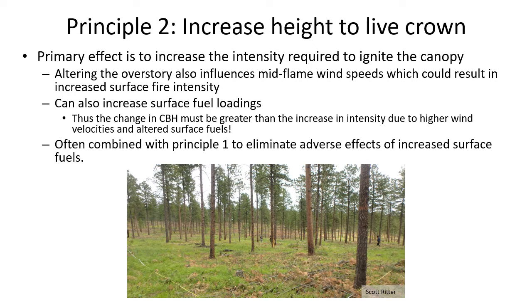So once again, we need to either account for that when we're doing our treatment and expect maybe some higher surface fire intensities, or we could combine this with principle 1 to reduce those fuels.